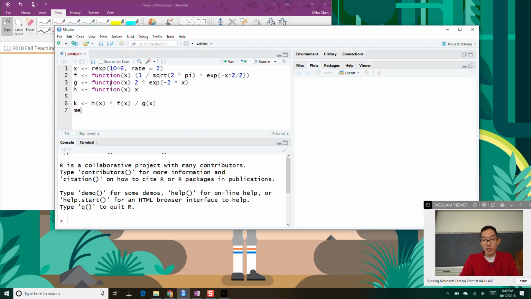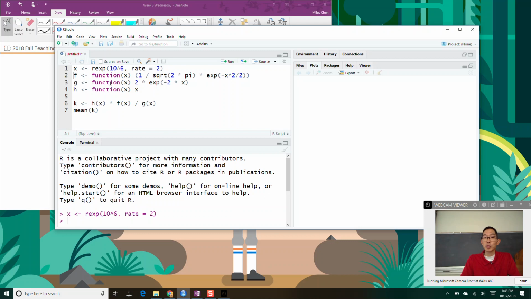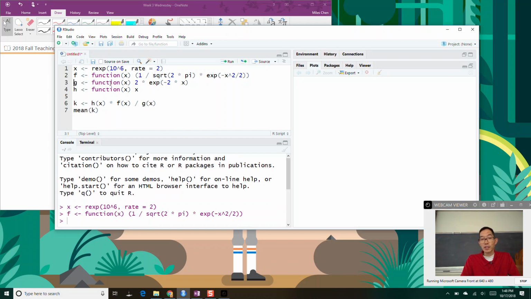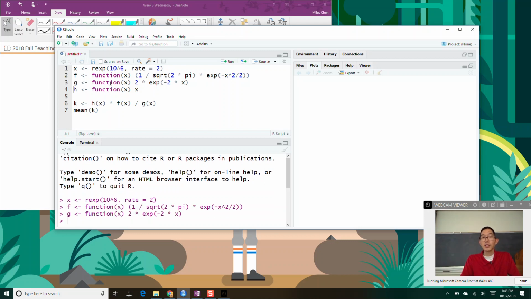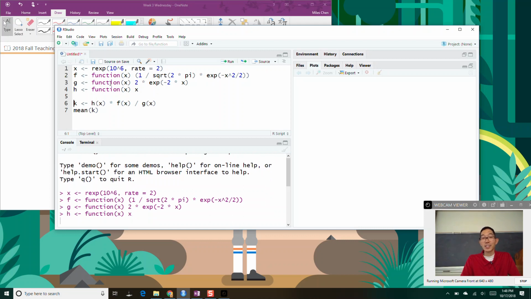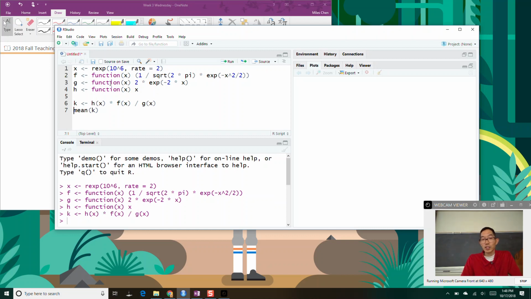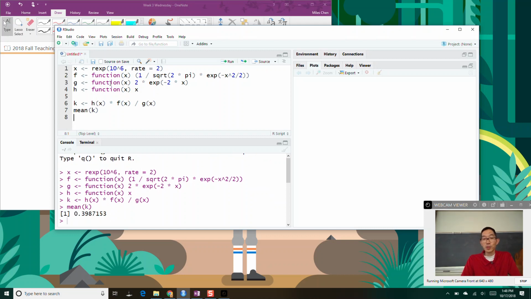And then I'm going to take the mean of k. So x comes from the random exponential. I'll calculate f, g, and h for everything, and then h of x times f of x divided by g of x gives me k. Then I take the mean and I get 0.3987. Okay, so this is the estimate using importance sampling.